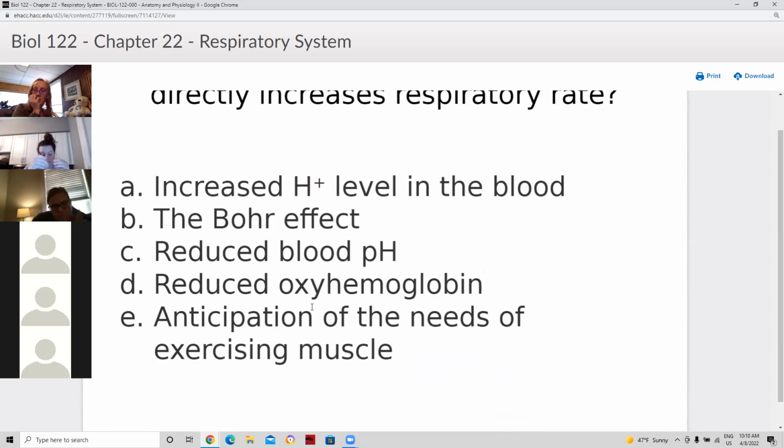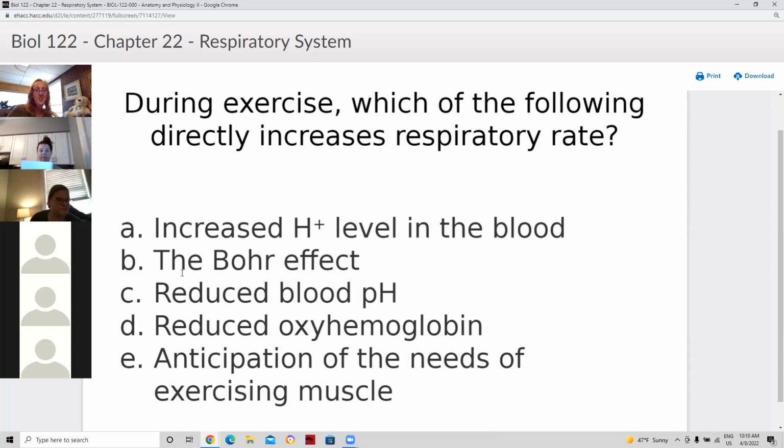D as in Delta. It might, but it's not. Okay. It actually is E, the anticipation of the needs of the exercising muscle. Oh, that was on the test. Was it on the test? Or something in that form. Yes. It was somewhere in there. Yeah, it was.